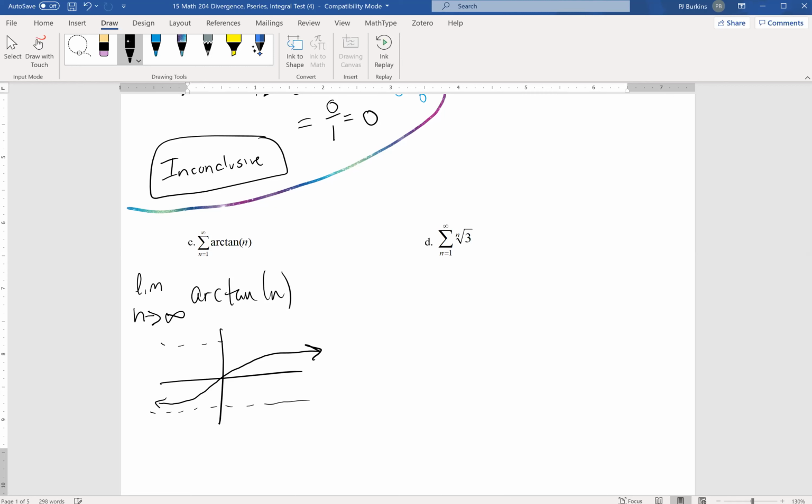Do you know what these two lines are? Is it pi over 2 and negative pi over 2? Yes, sir. So now if I asked you what's the limit as n approaches infinity of arctan of n, what would you tell me?